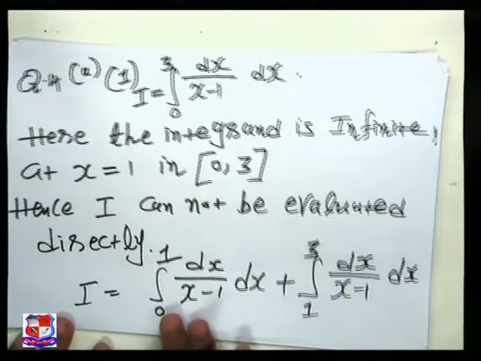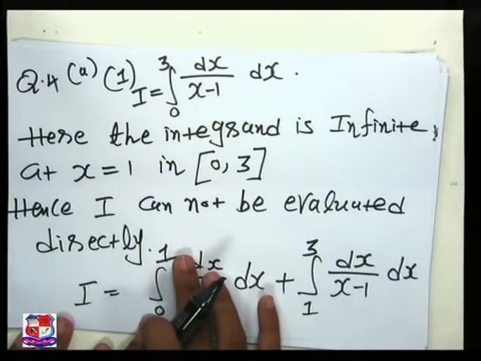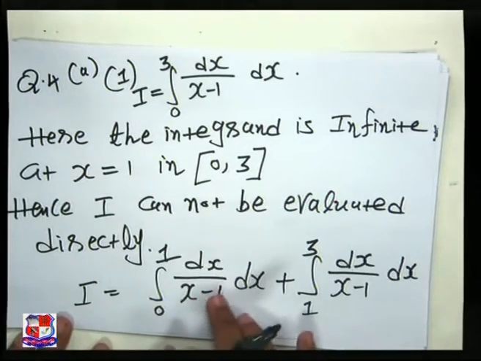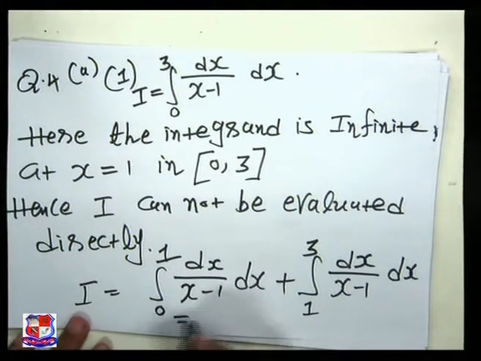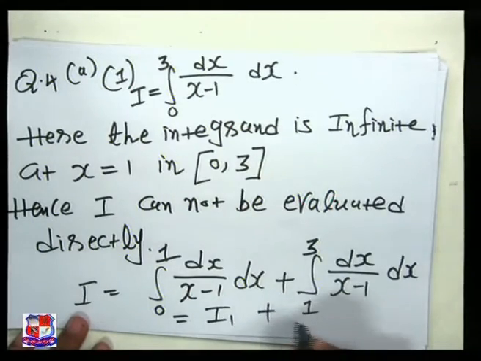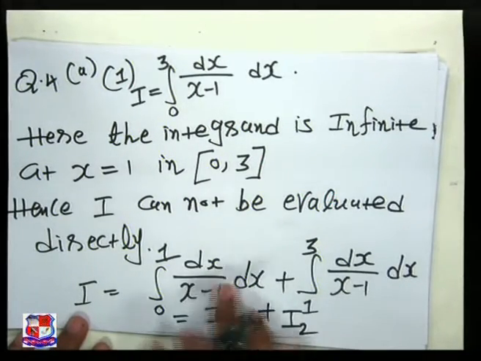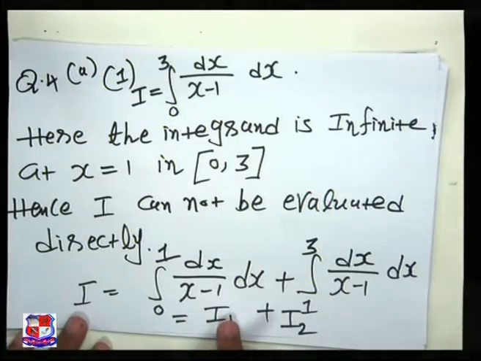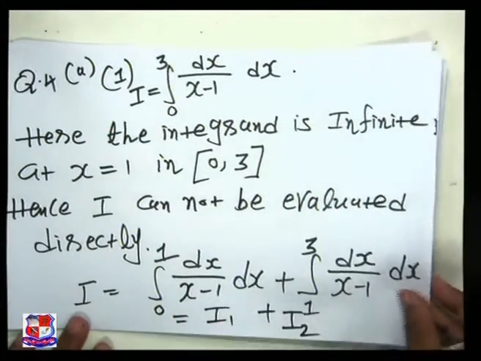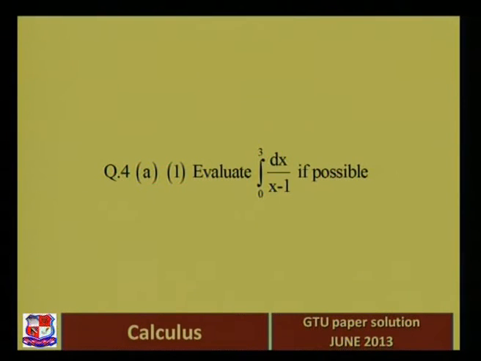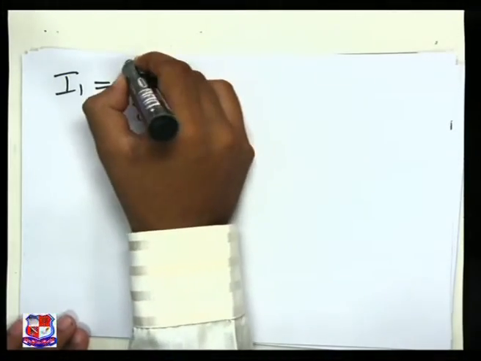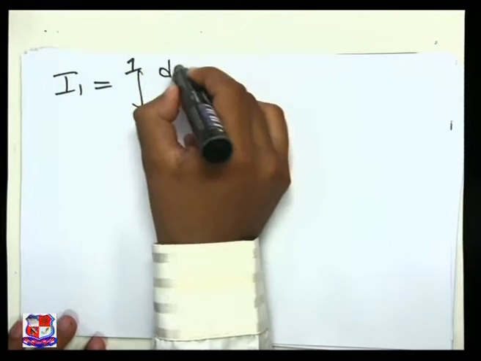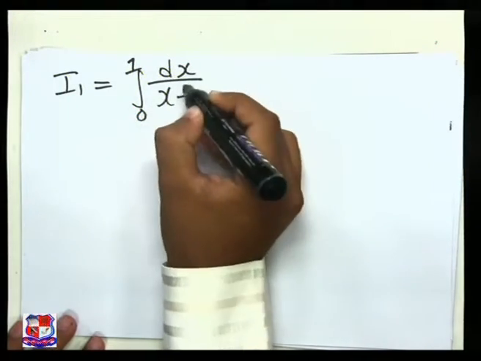Call the first part I1 and the second part I2. First of all we find I1, where I1 is equal to integration 0 to 1 dx upon x minus 1.